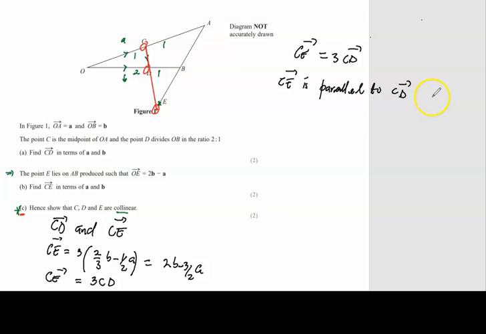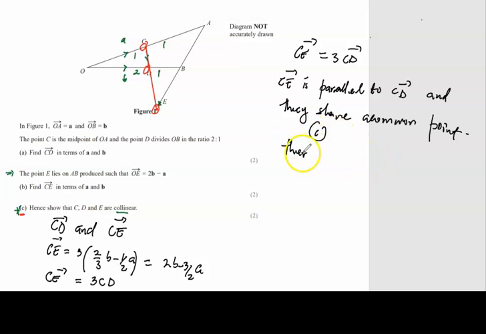And since they share a common point, in this case you can see the common point is C. Therefore, C, D, and E are collinear.